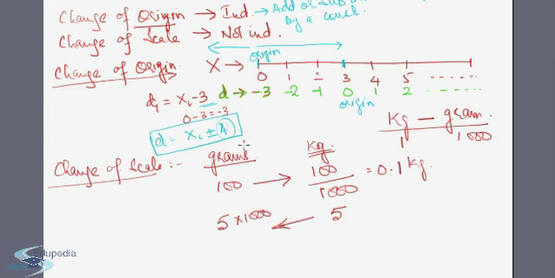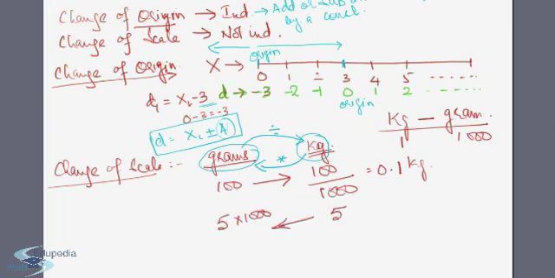So now this is a scale, and this is another scale. This is the smaller scale and this is the larger scale. If I have to shift from a smaller scale to a larger scale, I divide the value, and when I have to shift from a larger scale to a smaller scale, I multiply the value.